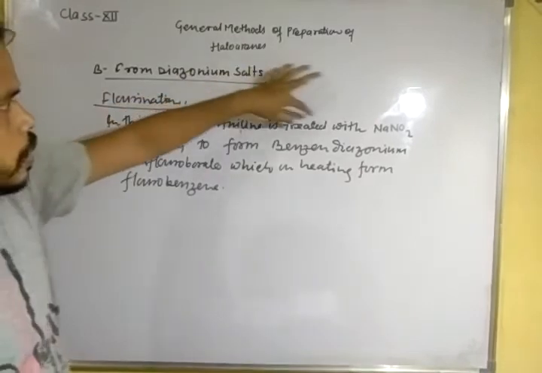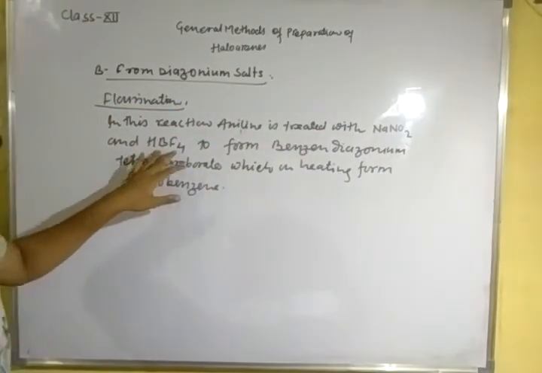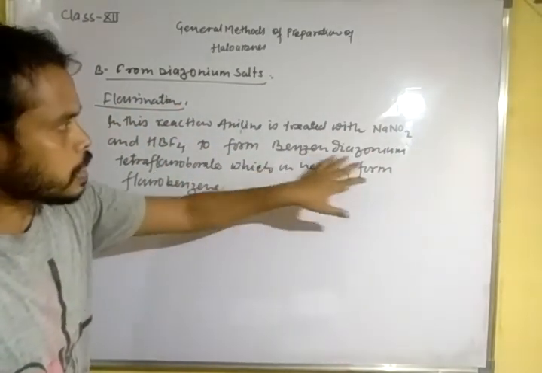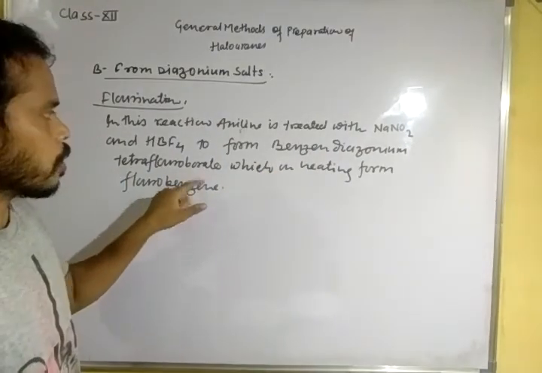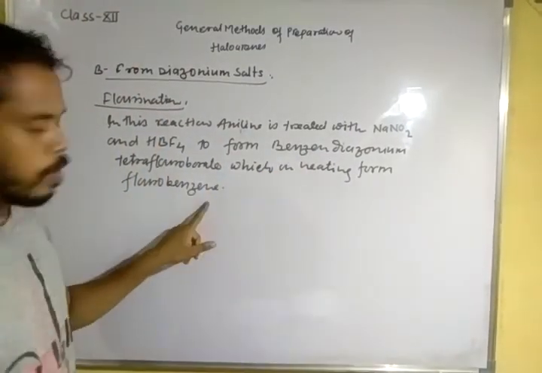Firstly, aniline is treated with sodium nitrite and HBF4 to form benzene diazonium tetrafluoroborate, which on heating forms fluorobenzene.